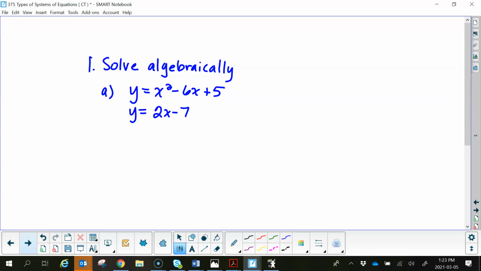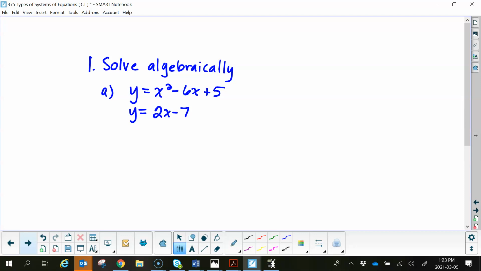If you would do it right now, that would be 0 on the left, and then you would subtract this from the expression above. Or you can use substitution by replacing this y with 2x minus 7.